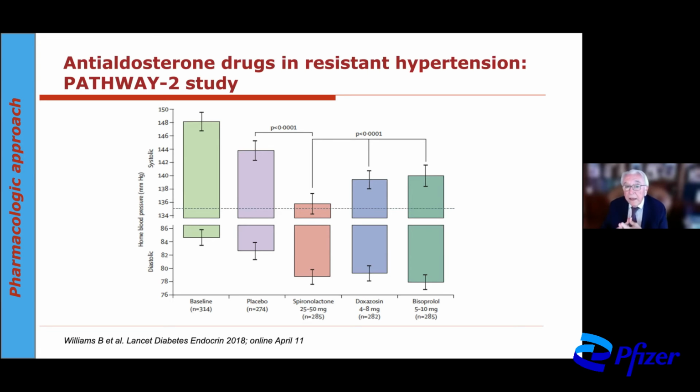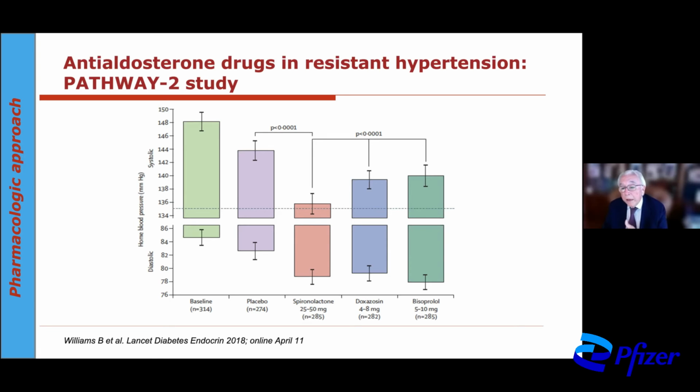Whatever the case, even if these two conditions are not present, when you start spironolactone in these patients, you need to monitor creatinine and potassium shortly after the introduction of the drug. But of course, it's the best drug if it's possible to give it.